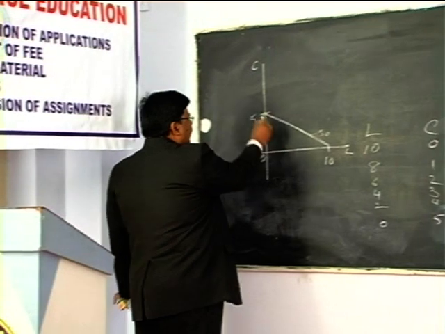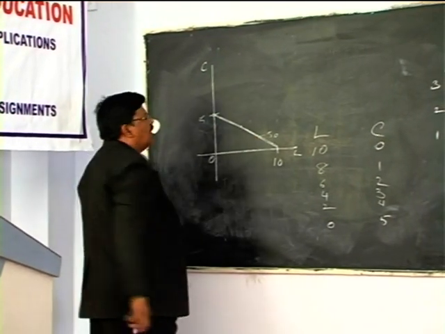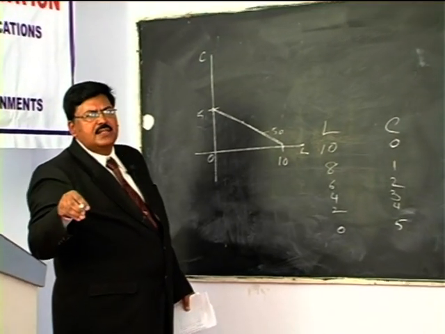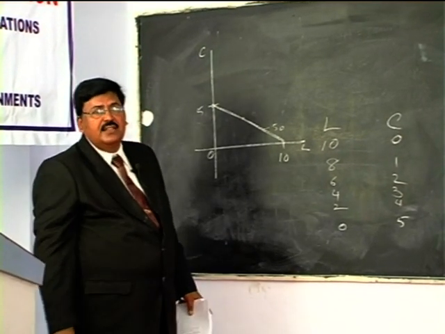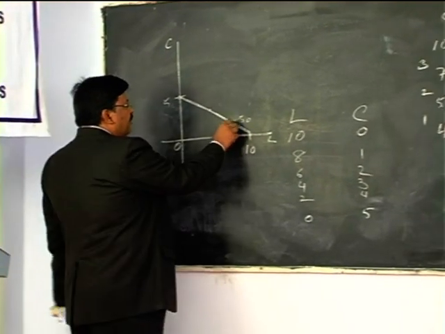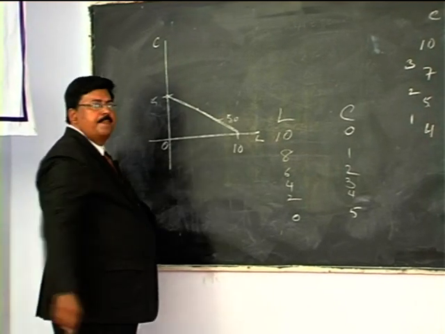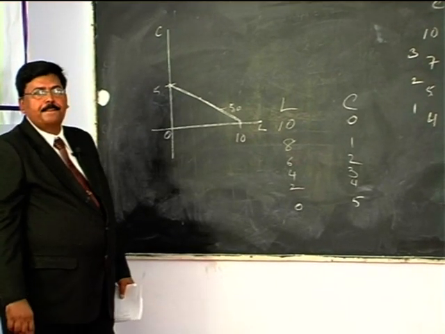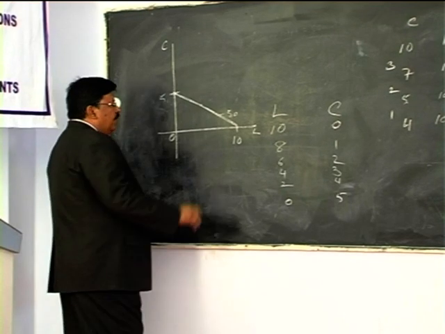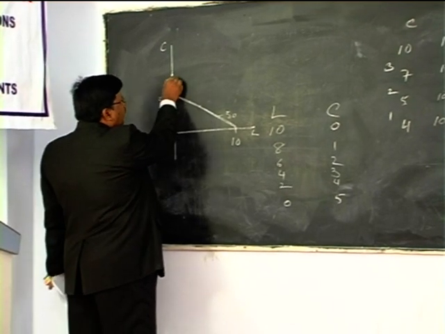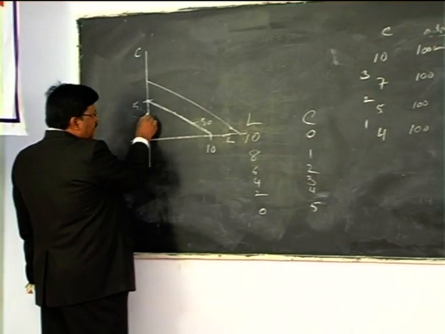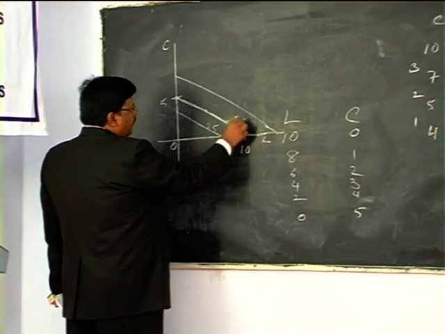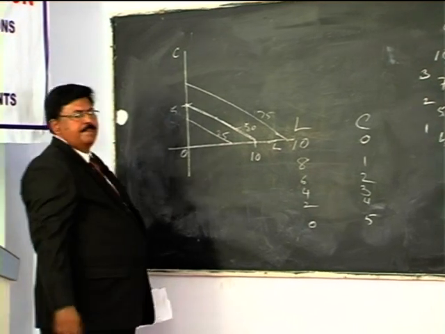So ISO cost line is a locus of points or combinations of inputs that can be purchased by spending the entire amount of $50 budget. If the budget is more, the ISO cost line shifts upward like this. If the budget is less, it makes a downward shift, say 25, 50, 75 like this.